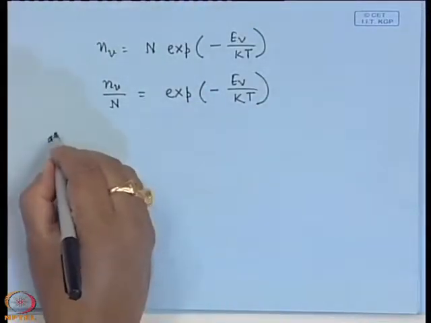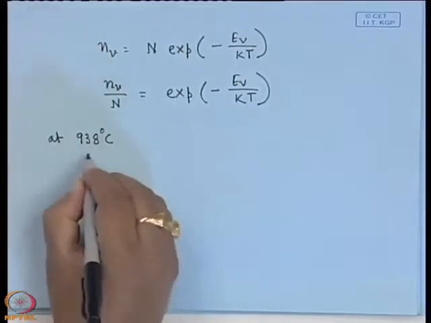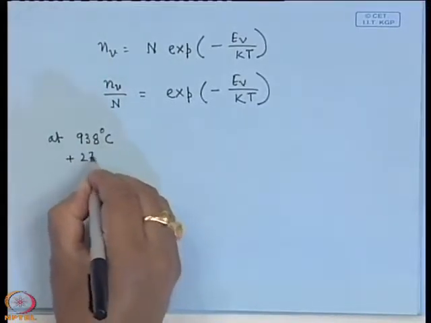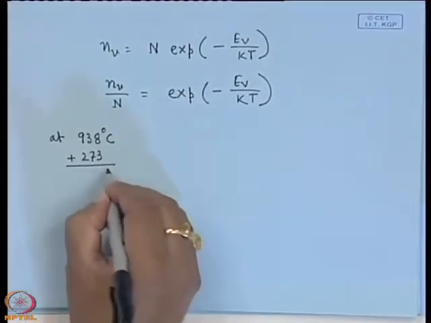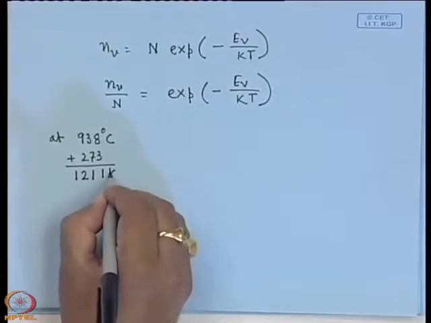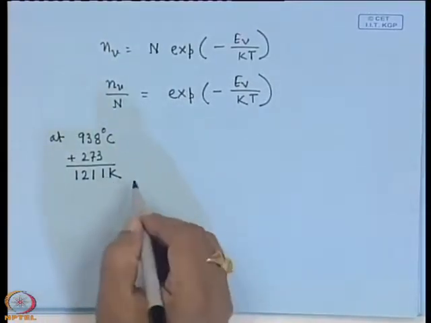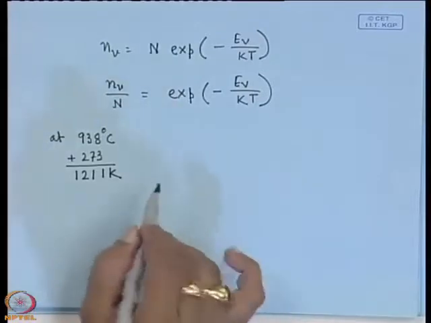Now, at 938 degree centigrade, that means plus 273, 1211 Kelvin. So, at 1211 Kelvin, what is the fractional concentration?